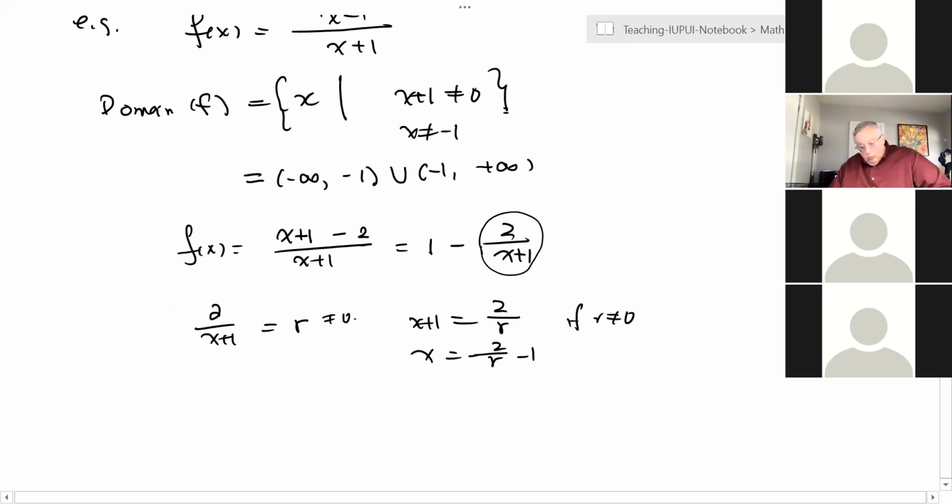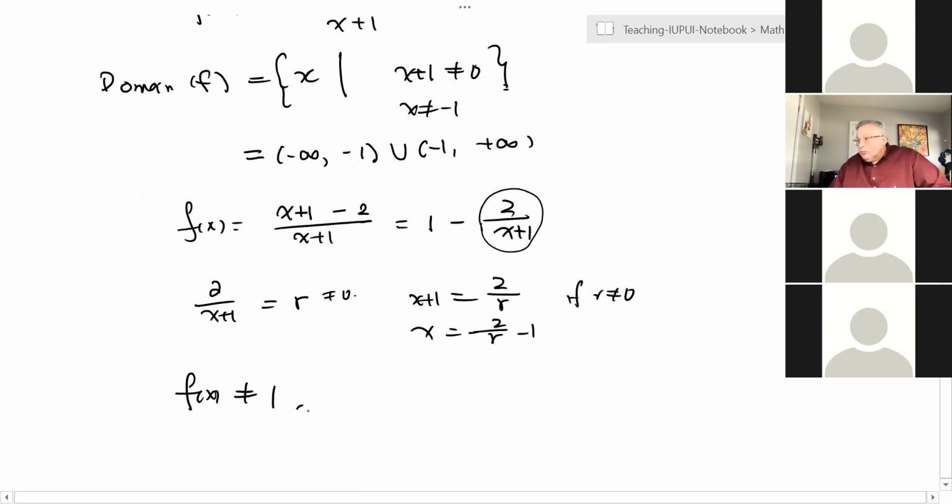Right, so that means this can be any non-zero number. Then 1 minus a non-zero number, right? So clearly f(x) cannot be 1, otherwise 2 over x plus 1 is 0. And then f of x attains any value which is not equal to 1.